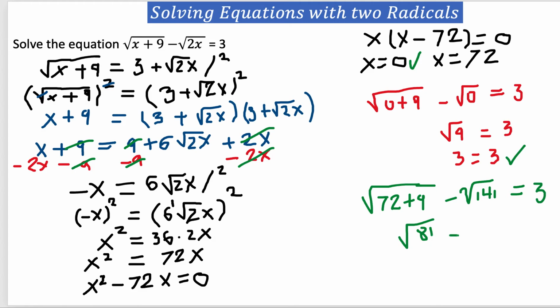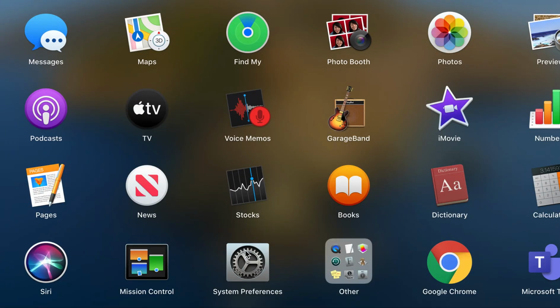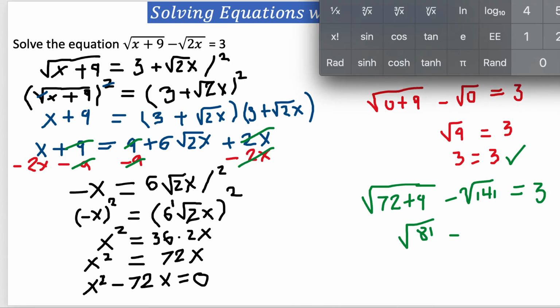Here is a minus the square root of 141, which is not a square number, but I know 144 is 12. But let me see in a calculator if I can find this result. And the calculator tells us if we go 141, and if I'm going with the square root, it gives us 11.87.